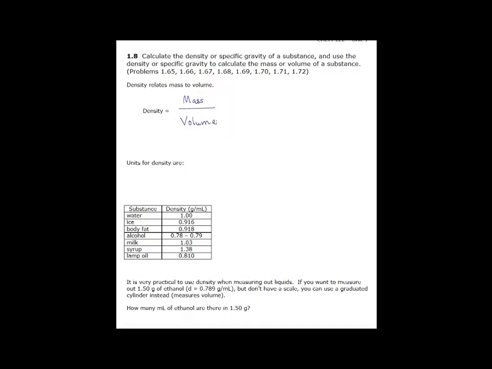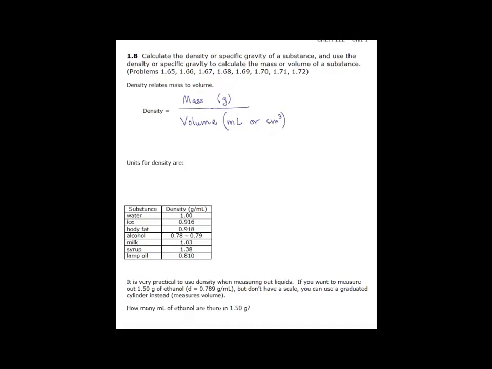So typical units for mass that we see are in grams. So mass has units of grams, whereas volume, we see units of liters, milliliters, cubic centimeters. The units of volume that are typically used with density are milliliters or cubic centimeters.